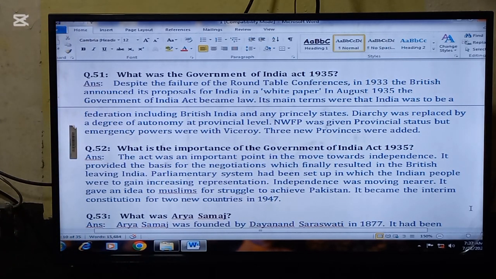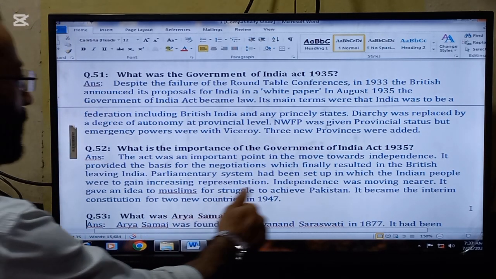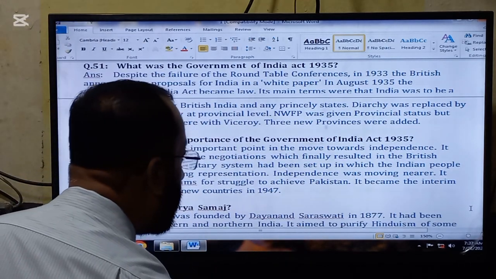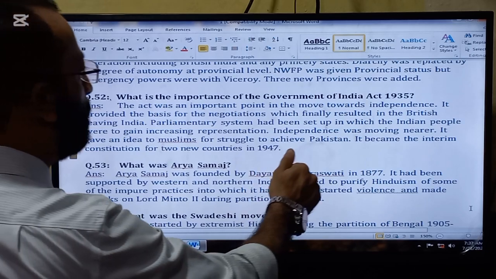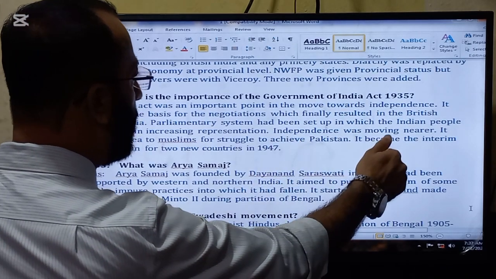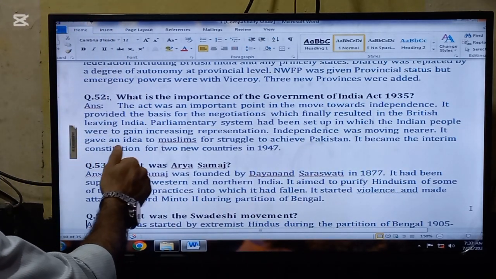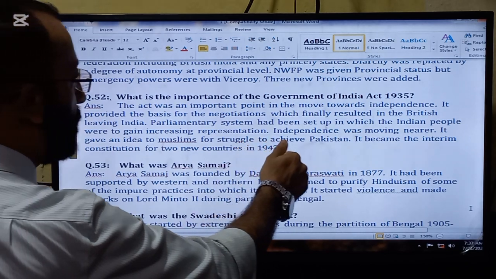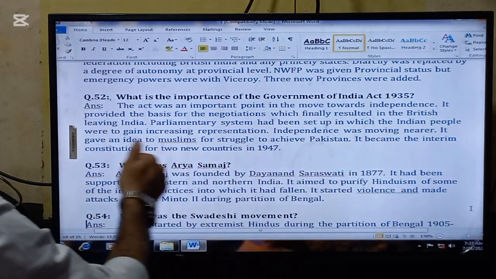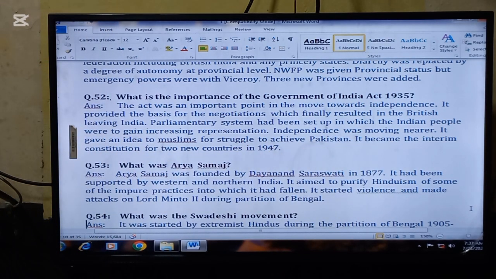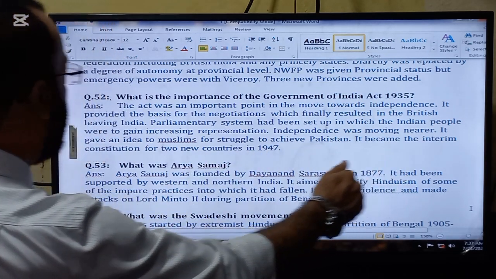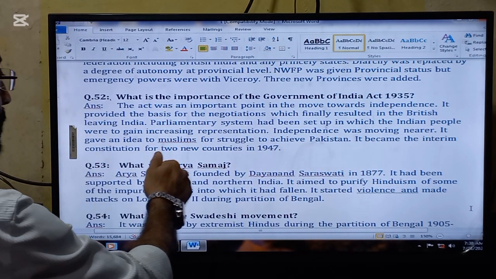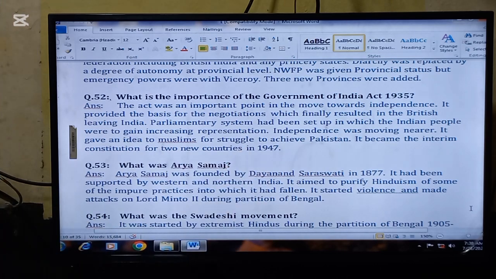The next important question for today is, what is the importance of the Government of India Act 1935? This act was an important point in the move towards independence. It provided the basis for the negotiations which finally resulted in the British leaving India. A parliamentary system had been set up in which the Indian people were to gain increasing representation.